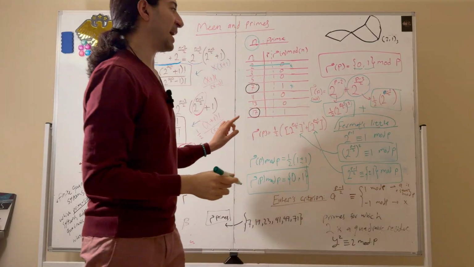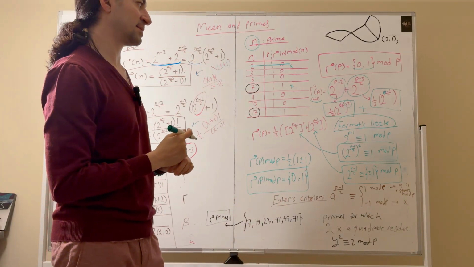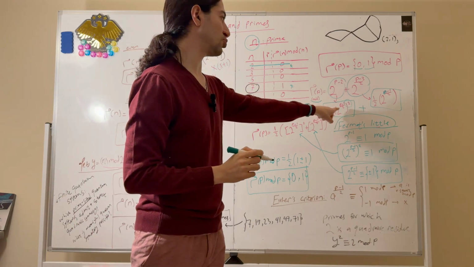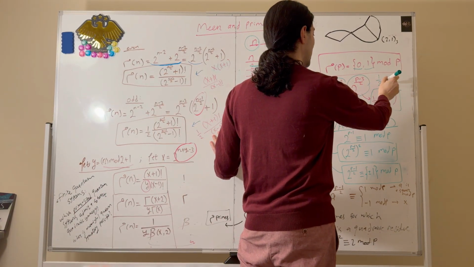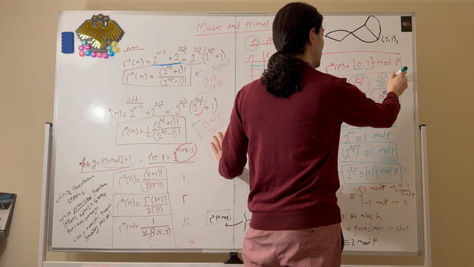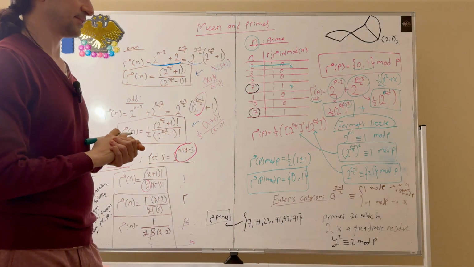So notice we have 2 to the p minus 1 over 2 on both sides. If I use x to express 2 to the p minus 1 over 2, this would be 1/2 x squared plus x.